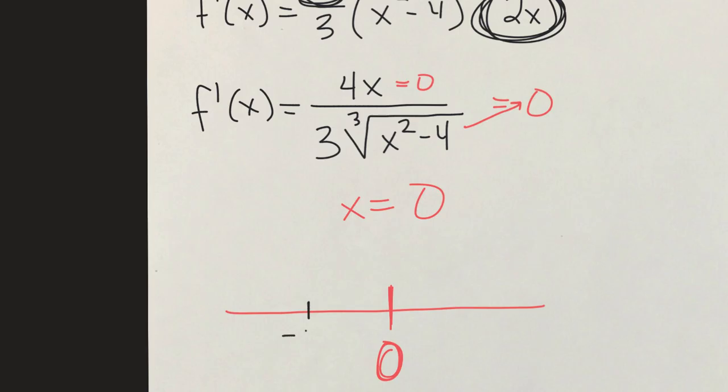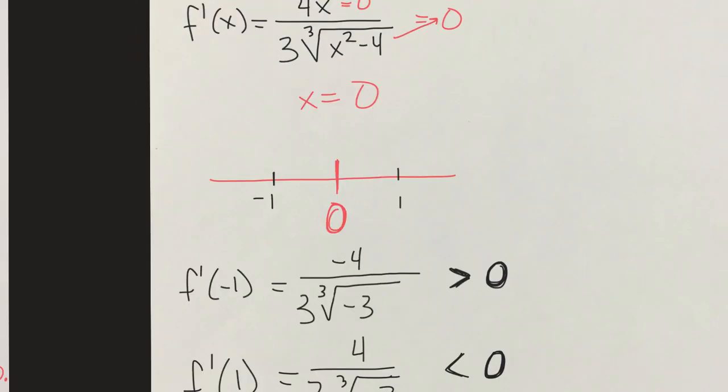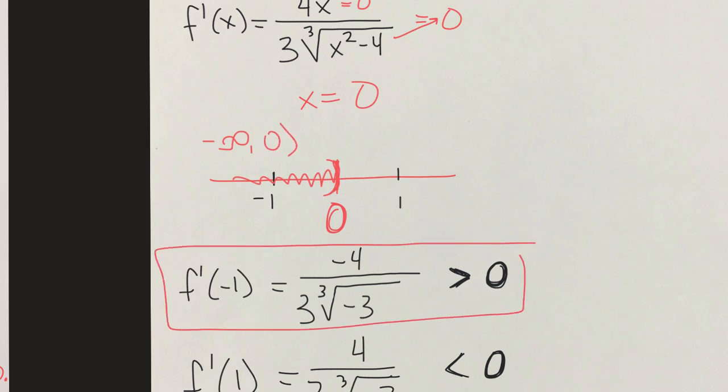Let's plug in -1 and see if we get a positive or negative. Let's plug in +1 and see if we get a positive or a negative. So my calculations say that my function is increasing on the interval from -infinity to 0 because our first derivative is positive. And my function is decreasing from 0 to infinity because my derivative to the right of 0 is negative.